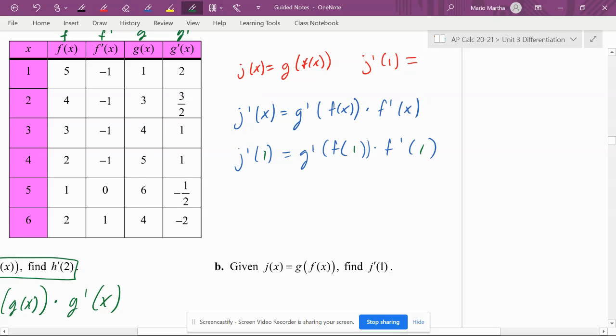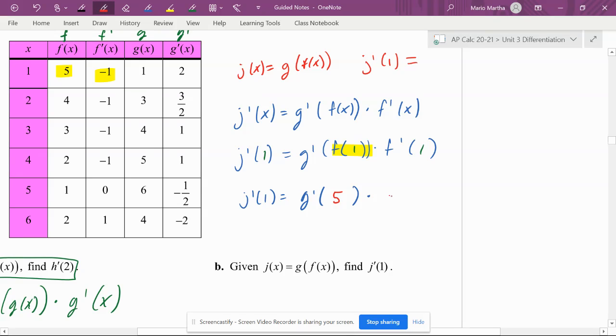All right. So again, I start to find those values. Let's start off with, so j prime of 1 is equal to g prime of, first I have to find f of 1. So I go ahead and find f of 1, which is positive 5. And then times f prime of 1, right? So f prime of 1 is negative 1.